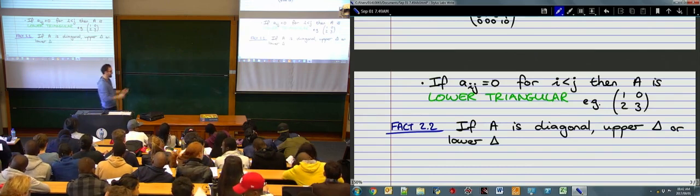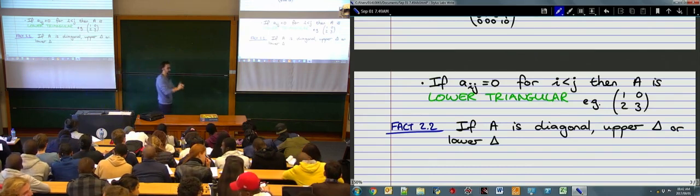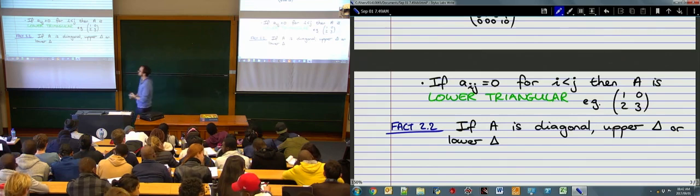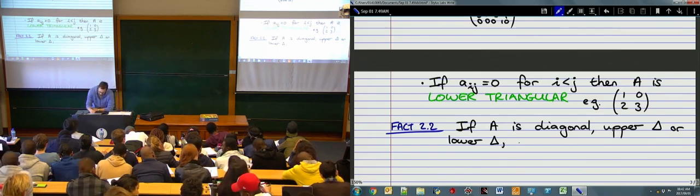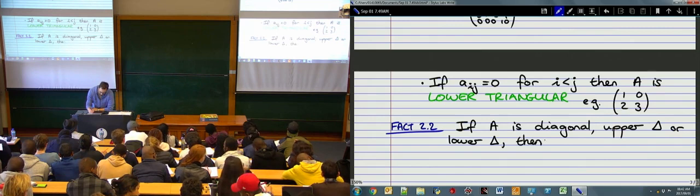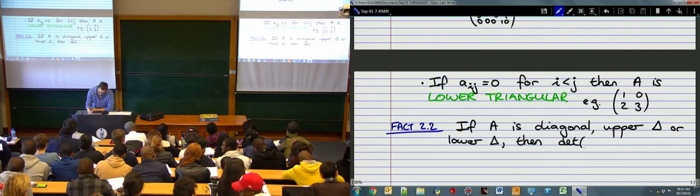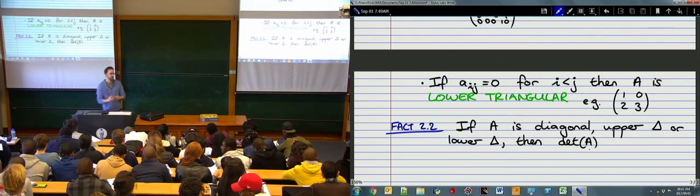If you have a matrix A which is a diagonal matrix, or an upper triangular matrix, or a lower triangular matrix, then the determinant of A is very easy to calculate.